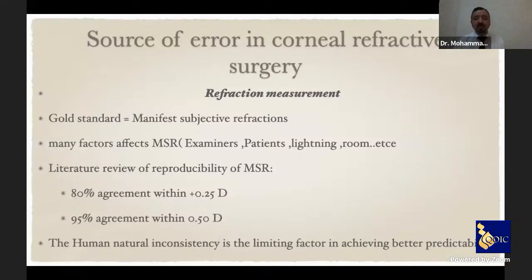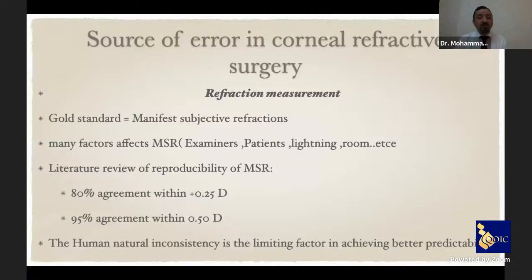So in the literature review, there was 80% agreement among multiple refractionists. They took around 40 refractionists and had them refract a group of patients, and they found that for a margin of 0.25, there was only 80% agreement, while within half a diopter, the agreement jumped to 95%.